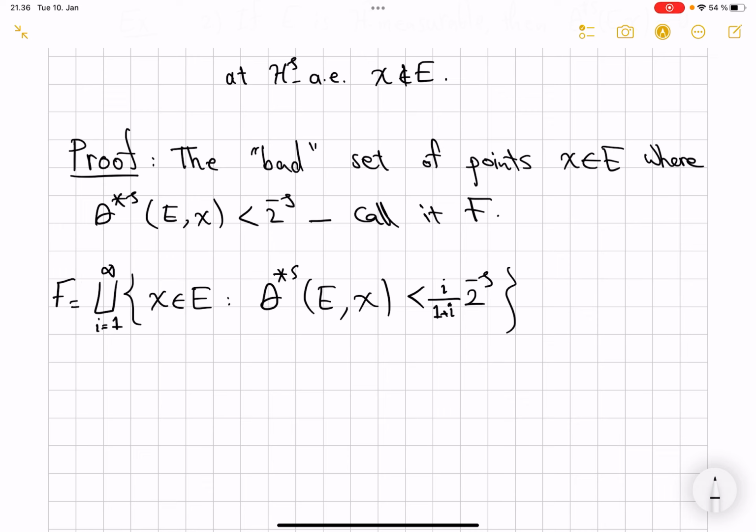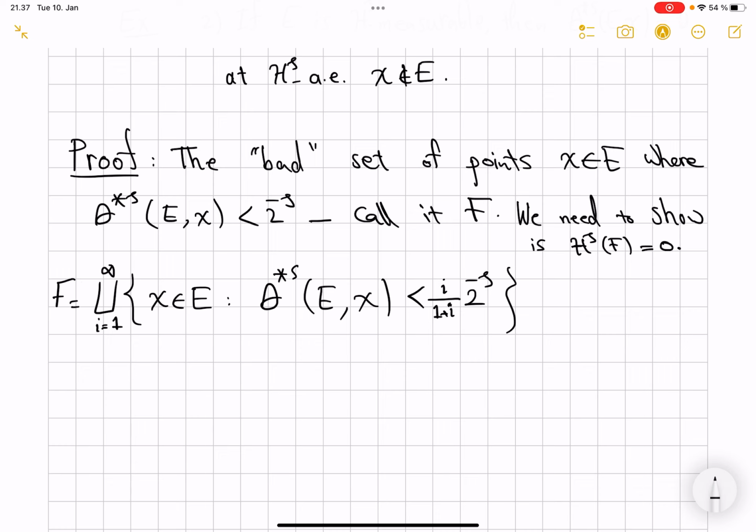Let's also emphasize that all we need to show is that this set has measure 0, which would mean that almost everywhere the opposite inequality holds, which is the lower estimate that we want.